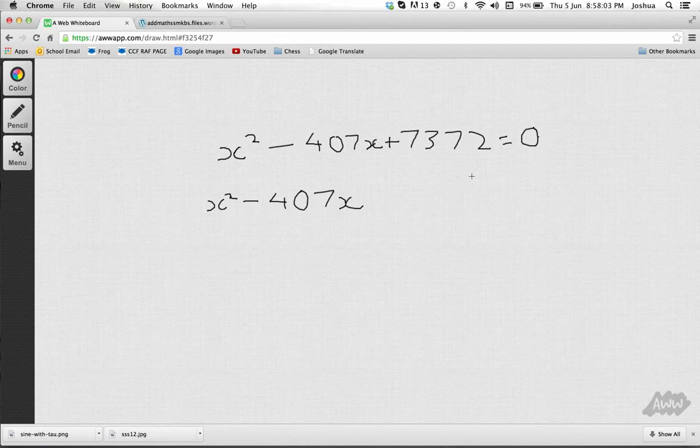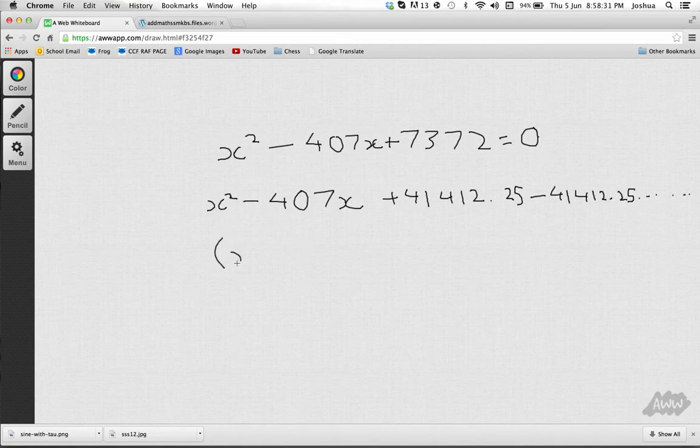That's going to give you 41412.25. And then we also have minus 41412.25, and then plus the 7372 is equal to 0.